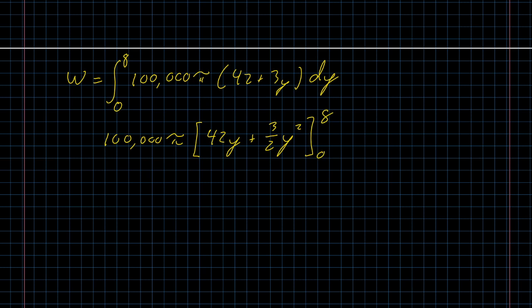Plug in y equals 8. All right, 42 times 8. Well, 4 times 8 is 32. 2 times 8 is 16. 320 plus 16 is 336. Eight squared is 64. 64 divided by 2.